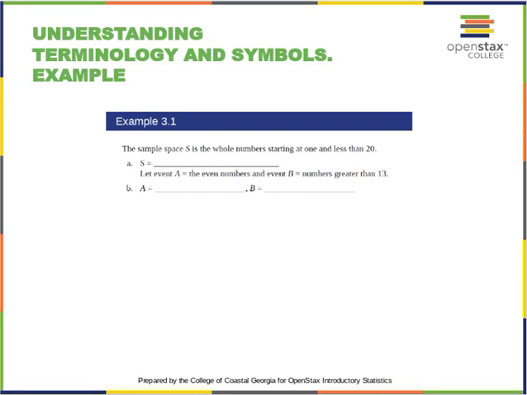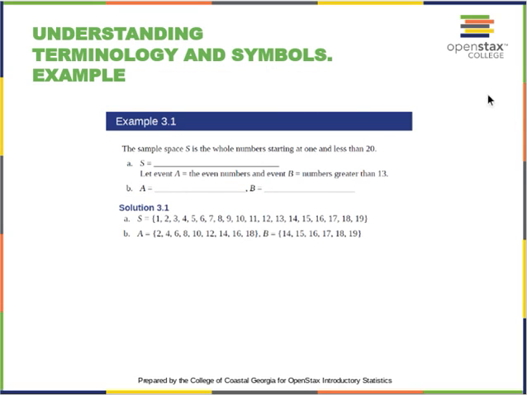Our sample space alone, it's whole numbers. So it's a set, it's discrete outcomes. We have 1, 2, 3, 4, 5, all the way up to not 20. It does not include 20. So we have the following, 1 to 19.